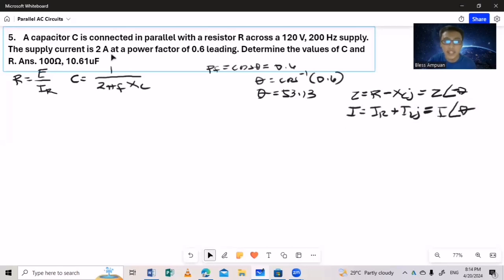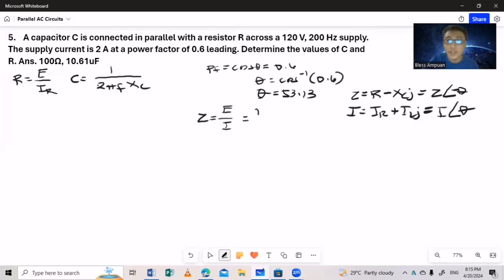Okay, so with this, since we have 120 volts and we also have 2 ampere, I think we could get the total impedance. So our total impedance is equal to E over I, which is 120 volts over our total current.